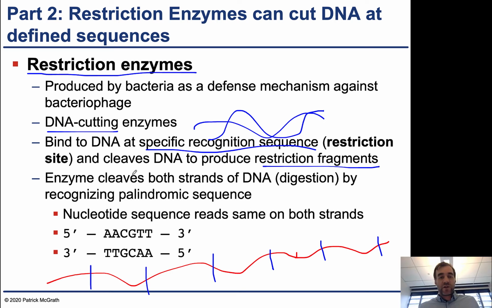So the enzyme cleaves both strands of DNA, and that is because it recognizes a palindromic sequence. Palindromic sequences are nucleotide sequences that read the same in both strands. So an example of a site that might be recognized by a restriction enzyme is AACGTT. If it recognizes that in this strand, it can break the DNA.